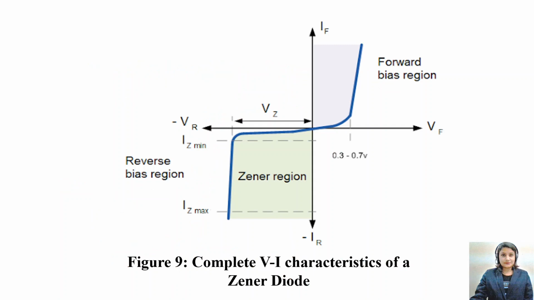Let us see the complete VI characteristics of the Zener diode. So if you see, it is very much similar to your PN junction diode in the quadrant 1, where we have make a Zener diode to be forward bias. A forward voltage is applied and a forward current will flow after the 0.7 volts. I can say after the cut-in voltage, and it will be increasing exponentially.